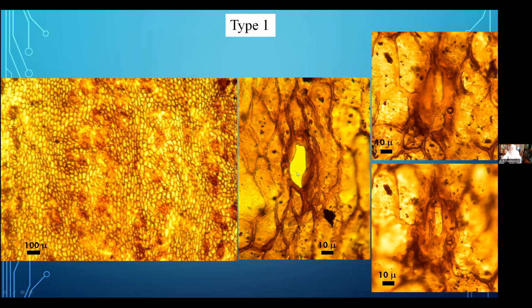This is a stoma without preserved guard cells, and the irregular shape of the stomatal pit is clearly visible here. The guard cells, when preserved, are very big, much bigger than the stomatal pit. And you can see them here with different focus.